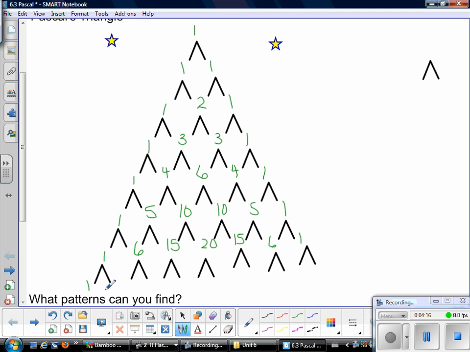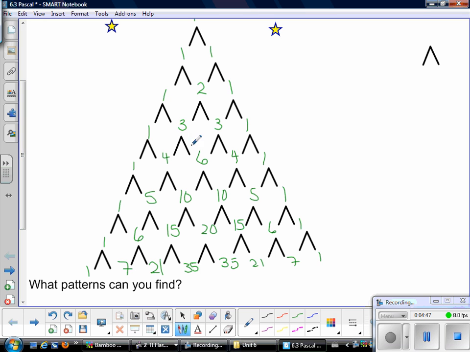Oh, well, that wasn't what I wanted. 7, 21, 35, another 35, a 21, our 7, and our 1. And as I said, you could keep on repeating the pattern and it just keeps on going forever and ever and ever. So what's really going on here in the sense of what patterns can we find?